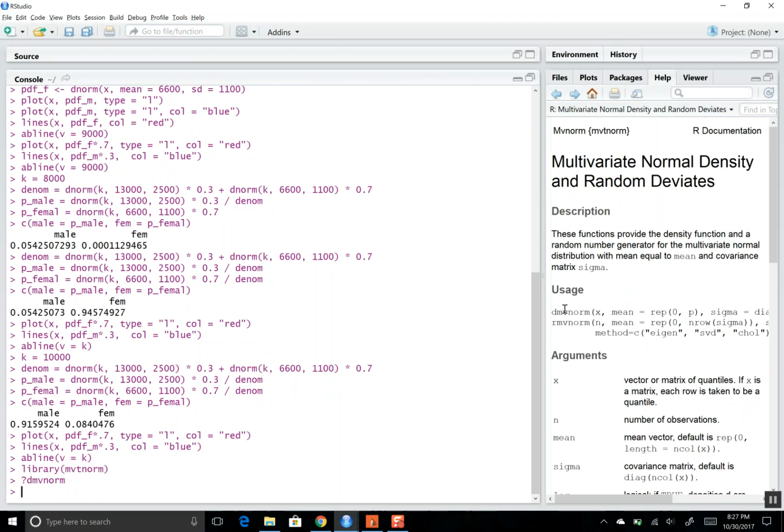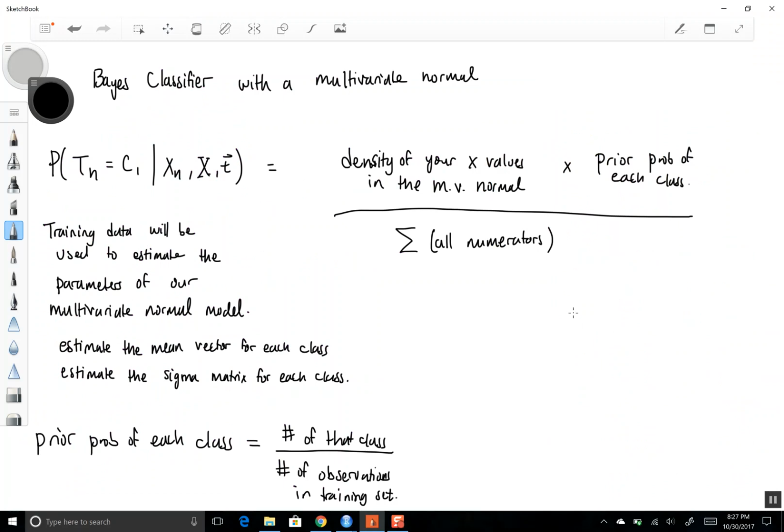So you can get the density function for a multivariate normal very easily with R. Use library mvtnorm and dmvnorm for the density. So that's what we can do with a multivariate normal.